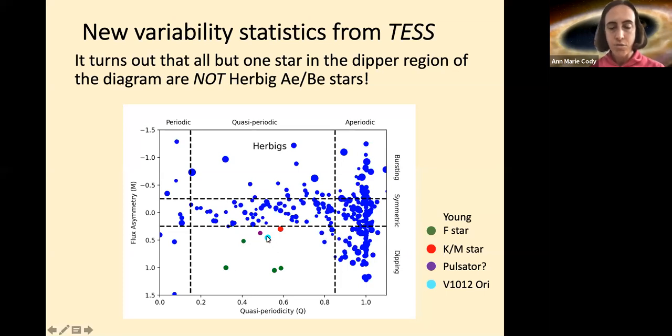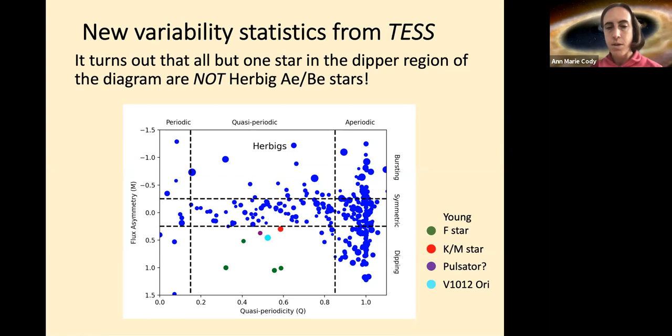There is a single star, which you can see in cyan here. And by the way, the size of the points is scaled according to the amplitude of the variability. It's actually to the 1/3 power, so it's not exactly linear, but you can see basically the bigger dots have the larger amplitudes.